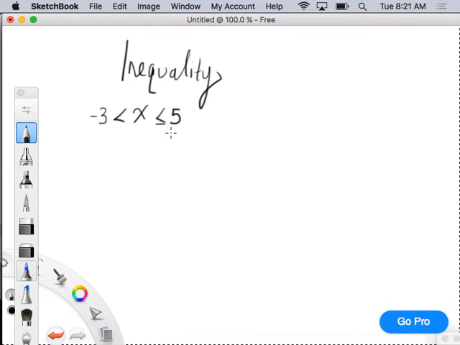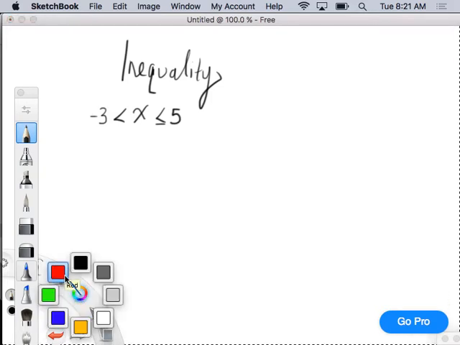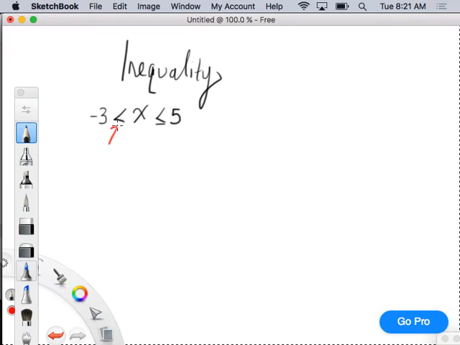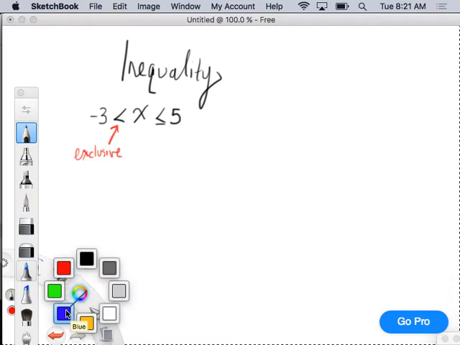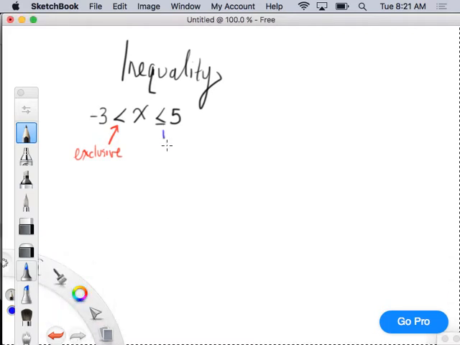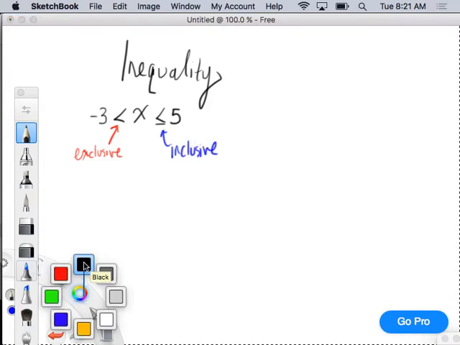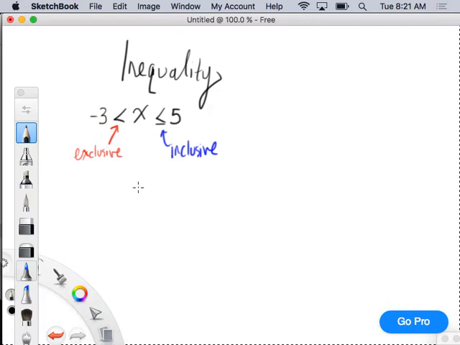No, it excludes -3. So this is exclusive. Does it include 5, class? Yes, so this is inclusive. Simple as that. So that's inequality notation.